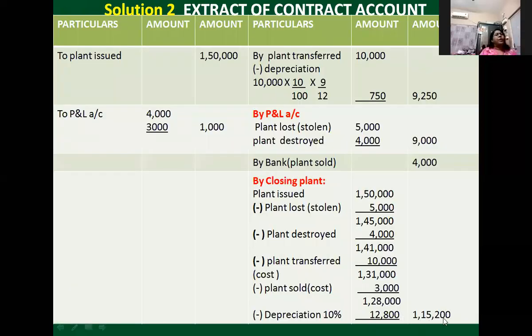So the value of the plant at the end is 1,15,200. So this is the way you can show the values of the plant in a contract account. I think all of them understood. By looking at these two problems, solution 1 and solution 2, you will come to know how to show the values of the plant in both debit and credit side under a contract account.